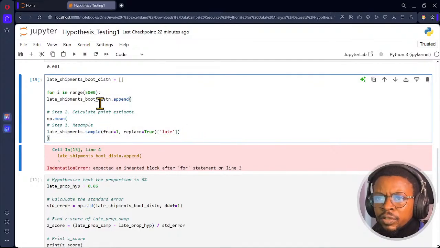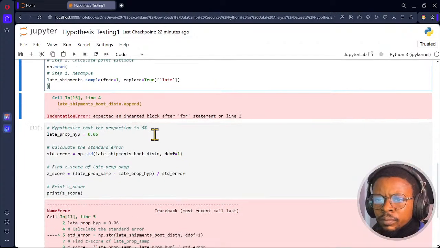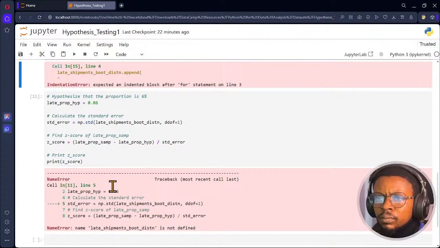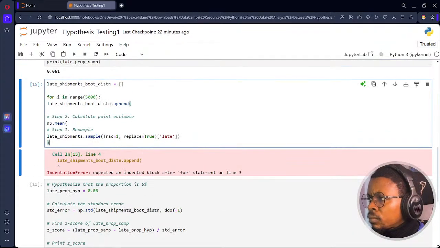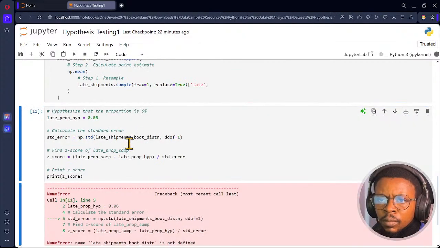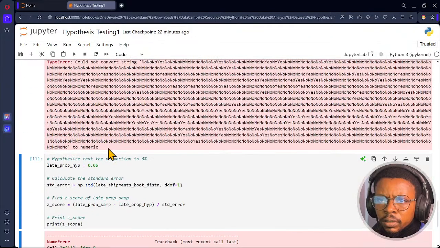Let's see if we can also calculate the late shipment boot distribution. Okay, we didn't get any error.